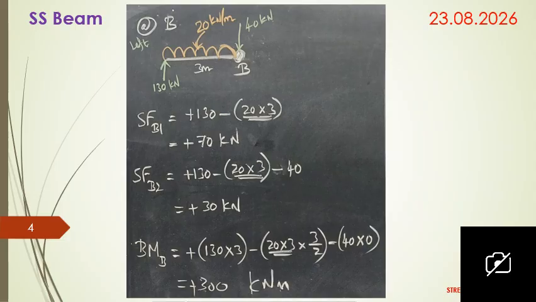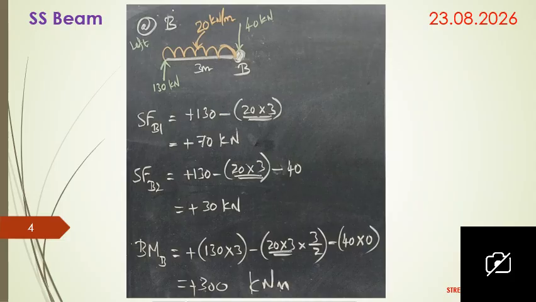If there is a point load at the end of the UDL, not at the start of the UDL but at the end of the UDL, in shear force we have to calculate two values. One is without considering the end point load, and the second is with considering the end point load. That is why I have mentioned the shear force at B as shear force B1 and shear force B2.